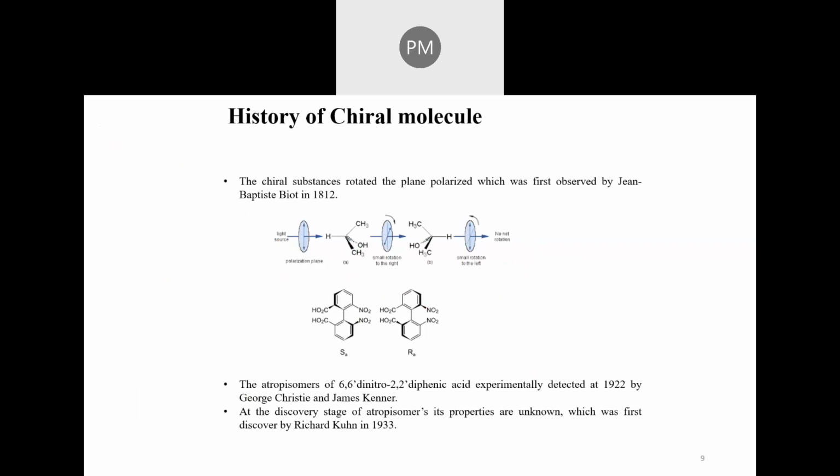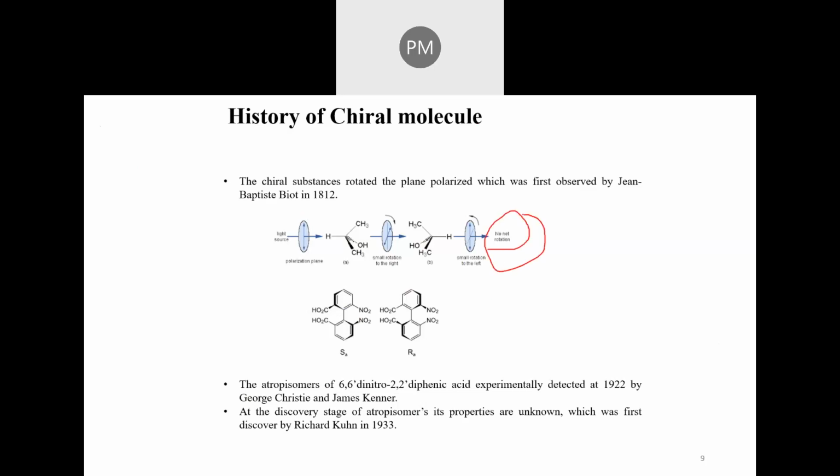Then I told you about chiral molecules and how they were discovered, around 1812. Chiral molecules are those that rotate plane polarized light. If one form rotates plane polarized light plus 10 degrees, and the other, the S conformation, rotates it minus 10 degrees, then the overall net rotation will be 0.